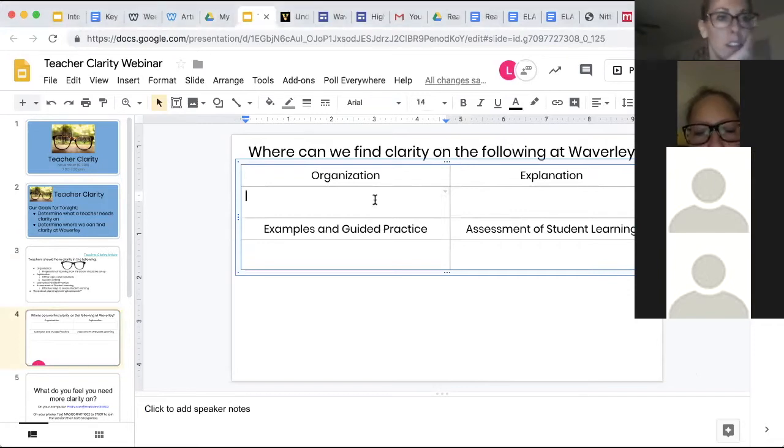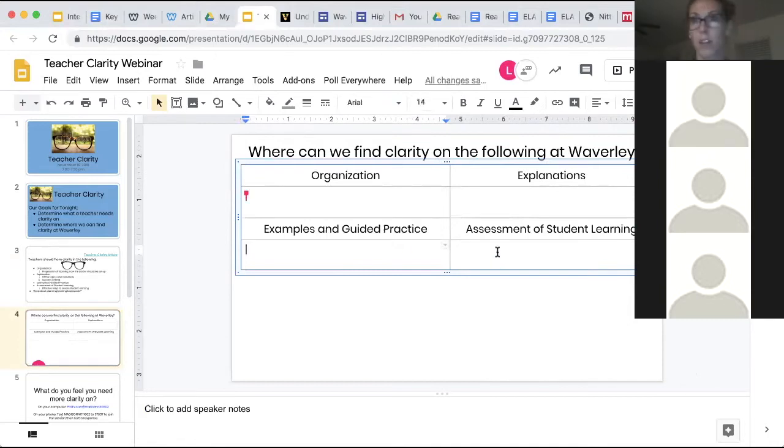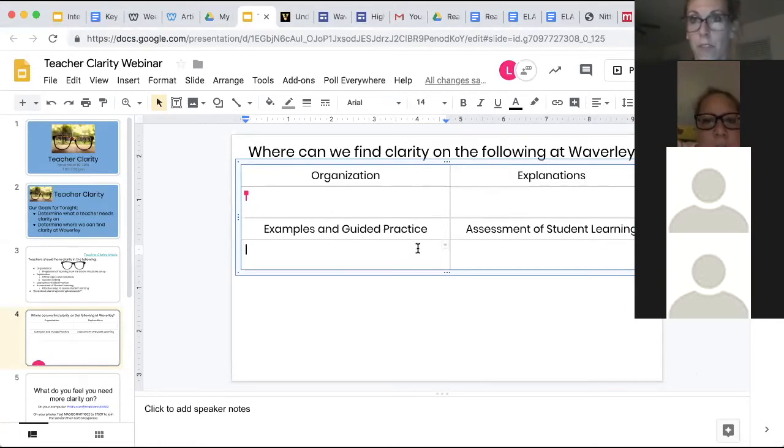So just like organization, explanations of anything really, examples, guided practice, assessment of student learning. I know curriculum now has a lot of stuff, but I also don't know what exactly is there. I feel like I have just scratched the surface with that. So where can we find this clarity?